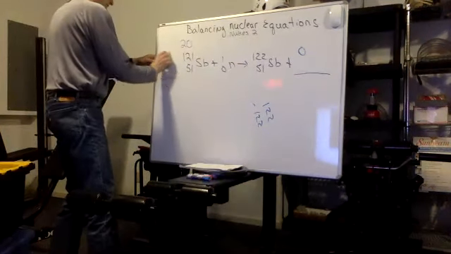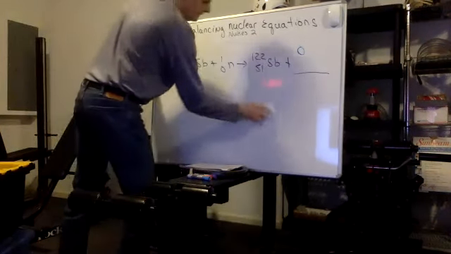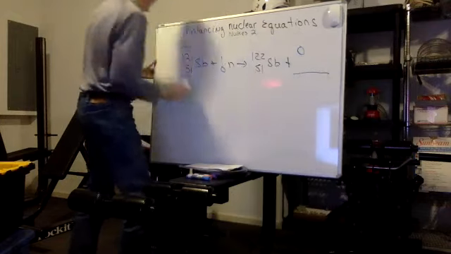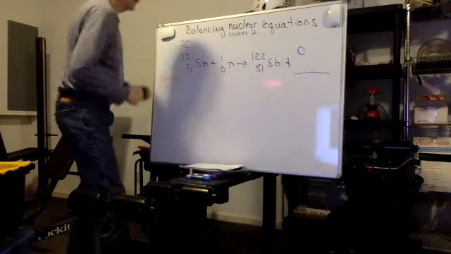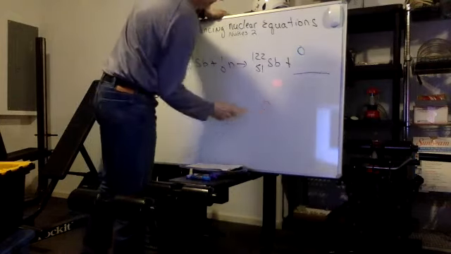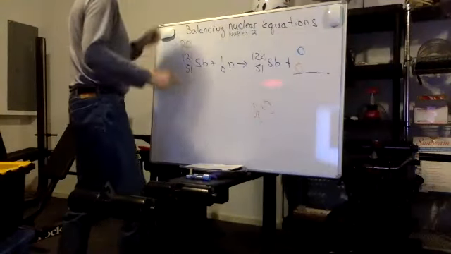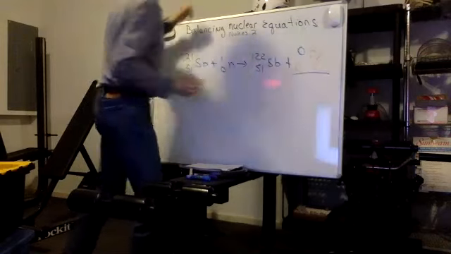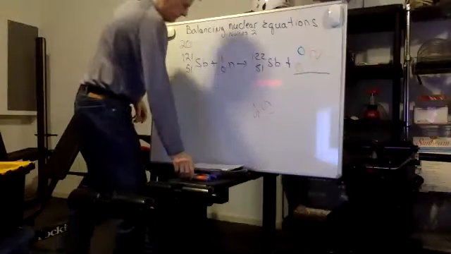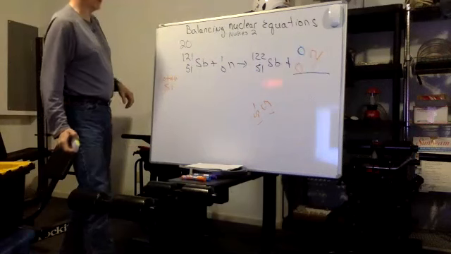Skip the top. And on the bottom, 51 less 51 is going to be 0. And that can only be a gamma particle on number 20.